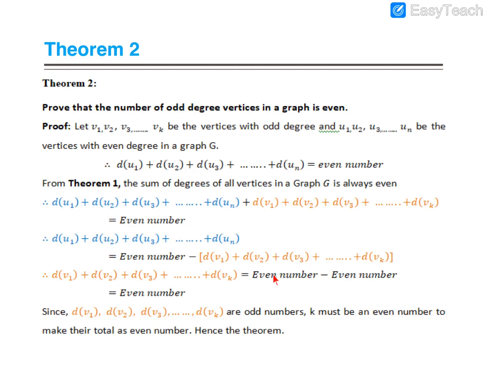Therefore, even minus even is again an even number, and since degree of V1, degree of V2 up to degree of Vk are odd numbers, because we have assumed that they are vertices with odd degree, that means k must be an even number to make their total even, and hence the theorem is proved.